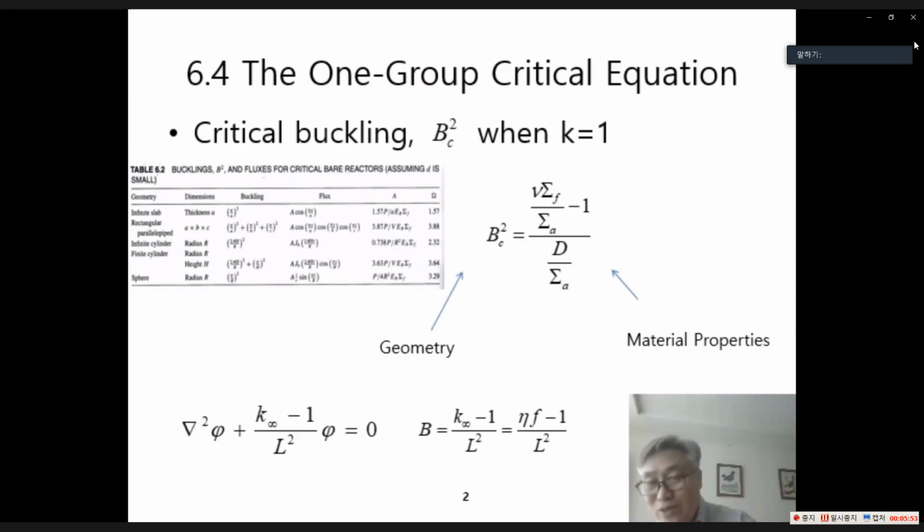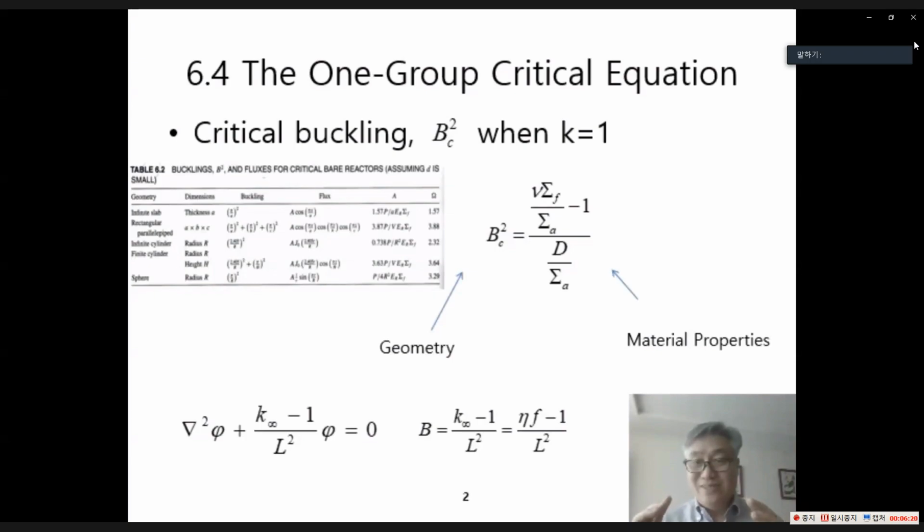So when we know the material property, we can determine the size of the reactor for criticality from this equation. And also, when we already have the geometry, the left-hand side is determined, then it's a little bit more complex, but we can determine the material composition.